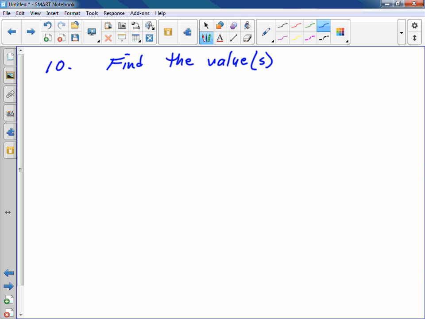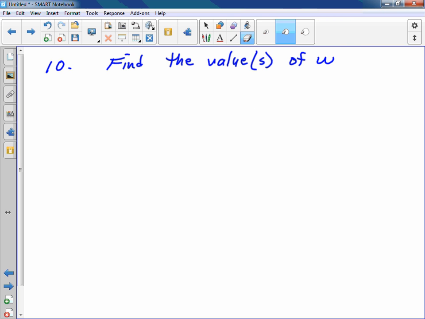Find the values of, what's that funky W called, Mr. Hale? No, it's not omega. It's a funky Greek W. I thought omega was, is it lowercase omega? Okay, that's uppercase omega.